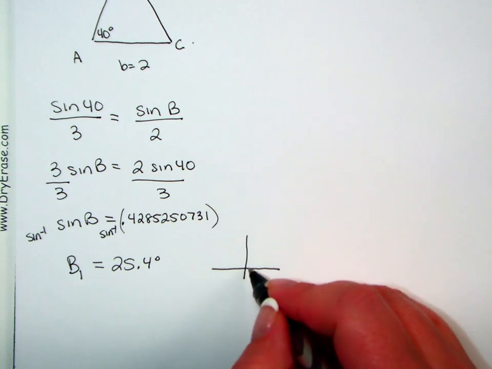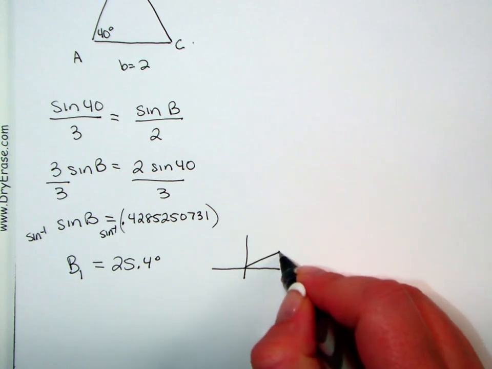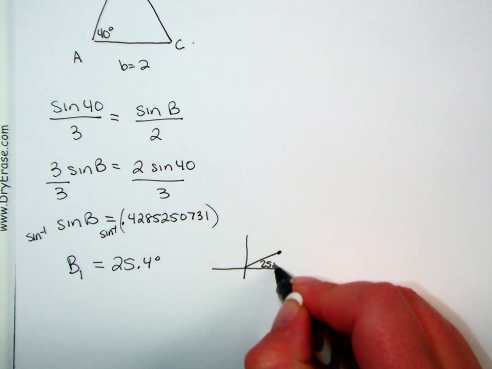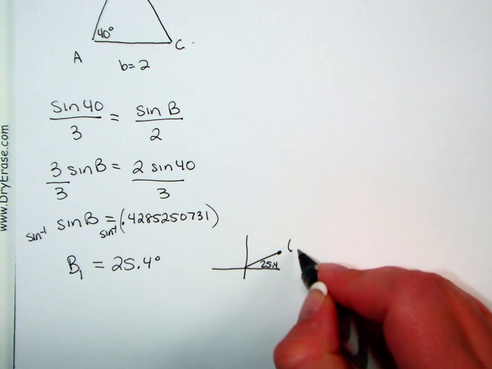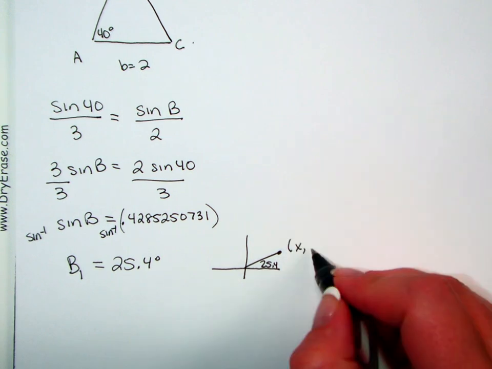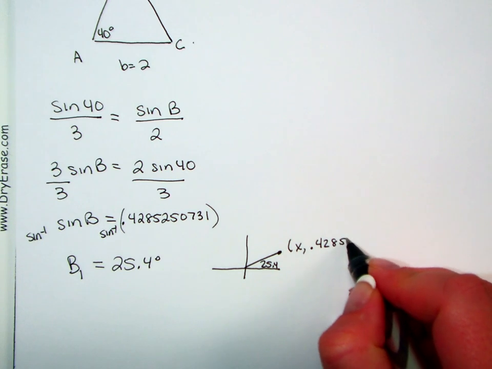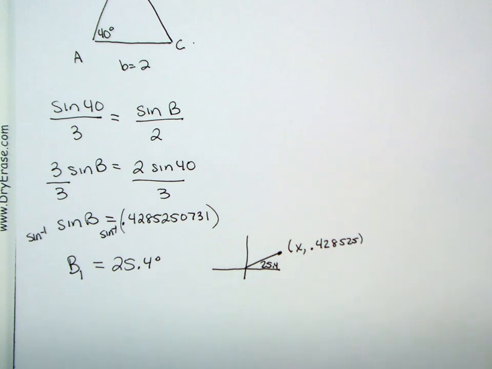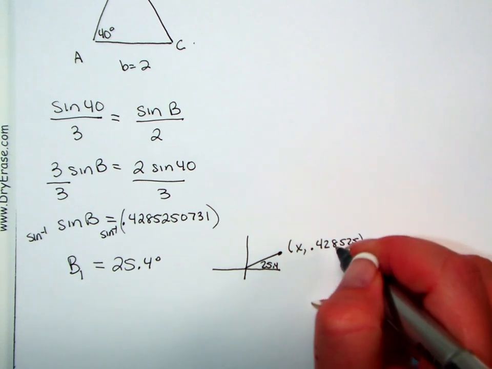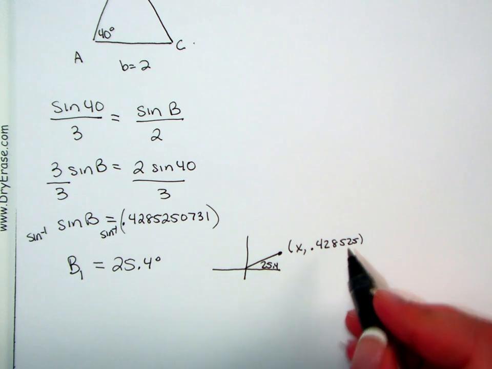So 25 degrees is about here. This is where we have some x value, but we know the y value is 0.428525, and so on. So where is the y value the same on the unit circle?